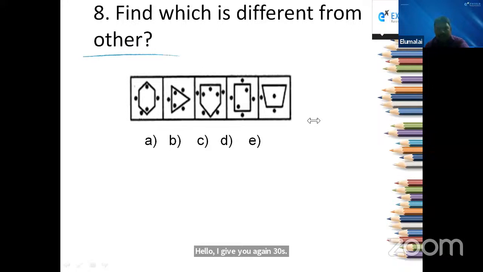You tell me why. You post your logic also.